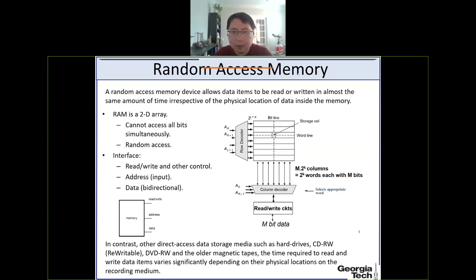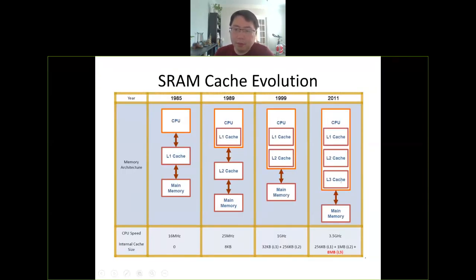I see there's one question from the chat. The question was, by large, do you mean in terms of density? You are talking about the previous slide. When I talk about large, I'm talking about the capacity. The capacity of the level 3 cache is large. In other words, density is low.